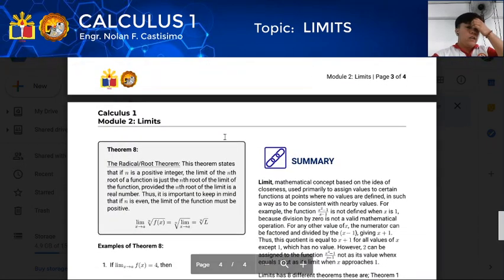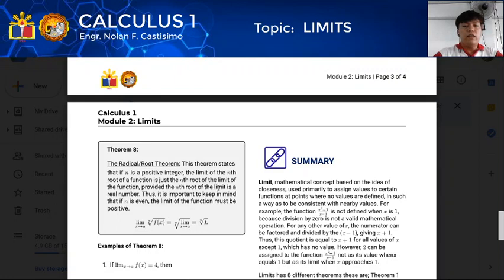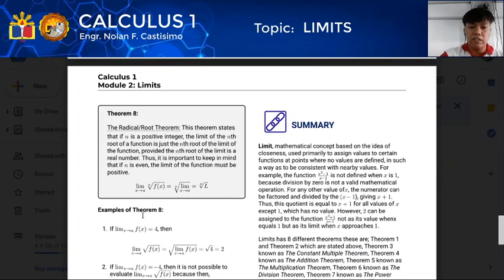Theorem 8 or the radical root theorem states that if n is a positive integer, the limit of the nth root of a function is just the nth root of the limit of the function, provided the nth root of the limit is a real number. Thus, it is important to keep in mind that if n is even, the limit of the function must be positive. So, kapag even yung value ng n natin, dapat positive yung function natin.